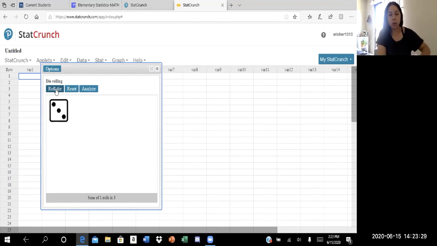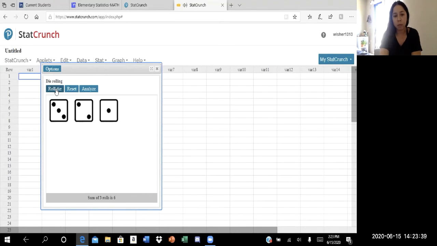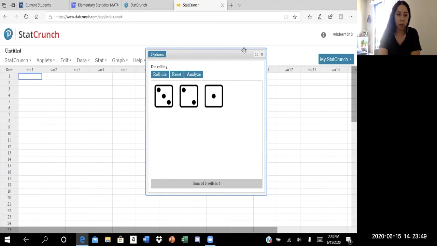Yeah, it was basically that it shows you the sum of one roll is 3, and you keep rolling the dice, and it gives you the sum of the amount of rolls that you do. Okay. And then if you exit out of that, or you move that little window, there you go. Then it gives you the stuff there.